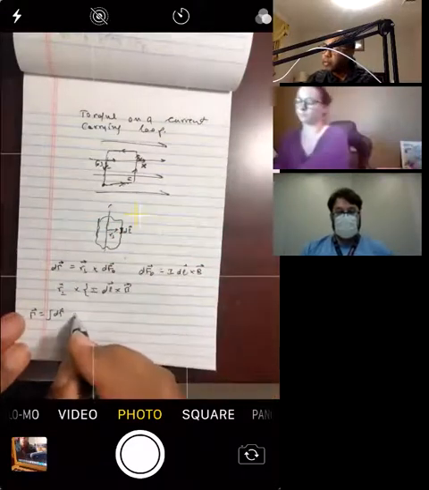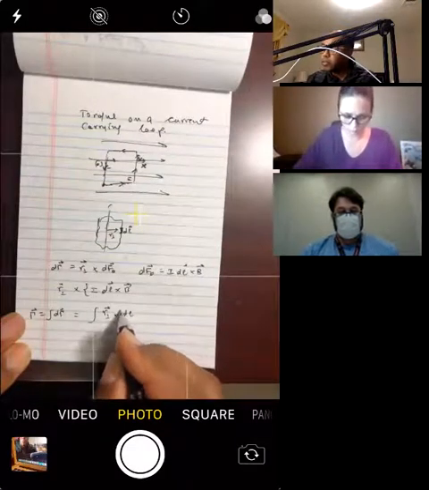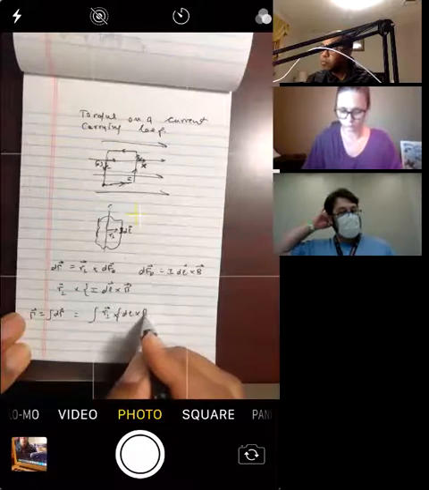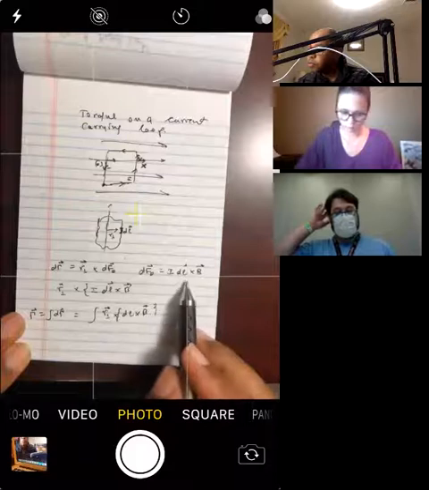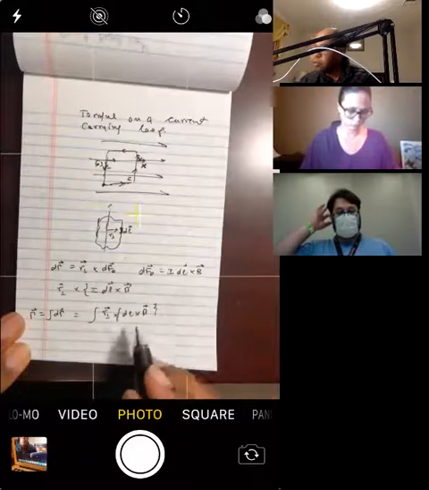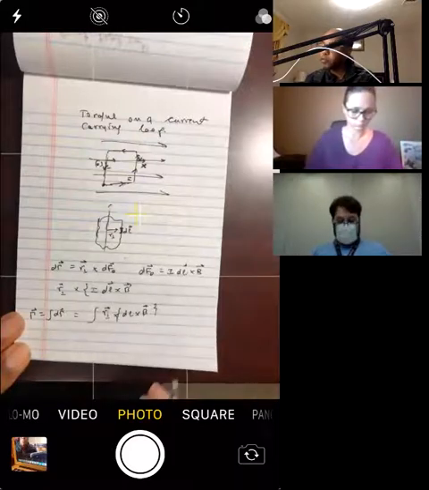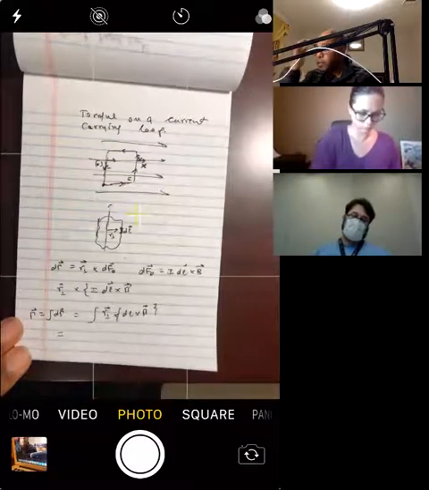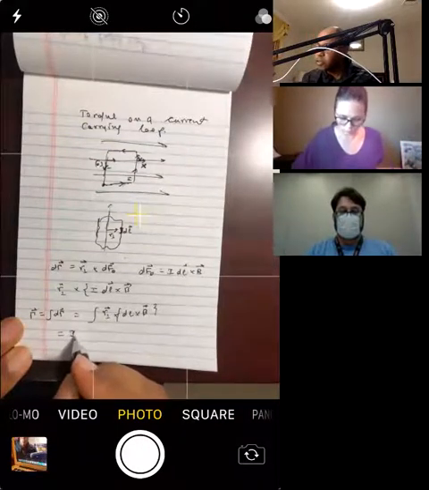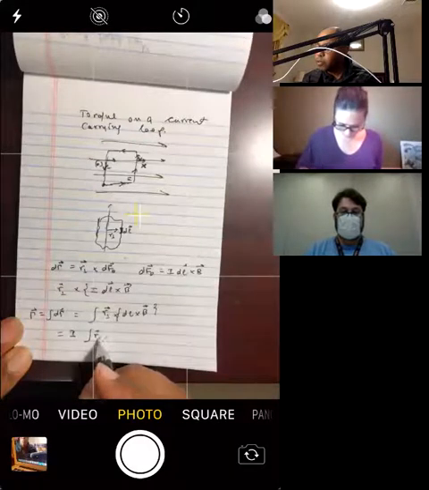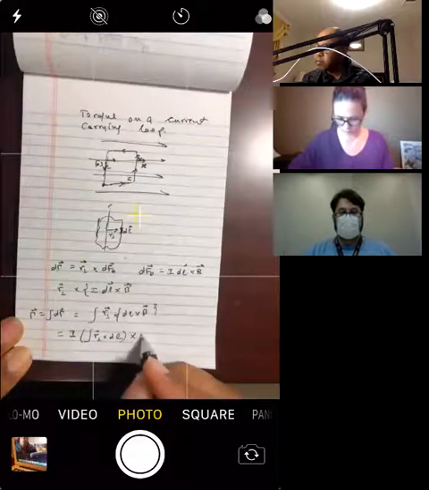So this is the integral of r perpendicular crossed with I dL crossed with B. I forgot the current. Let's say the current is a constant, we can take it out. And then you've got r perpendicular crossed with dL. And the magnetic field, let's say, is a constant, so we can take it out.